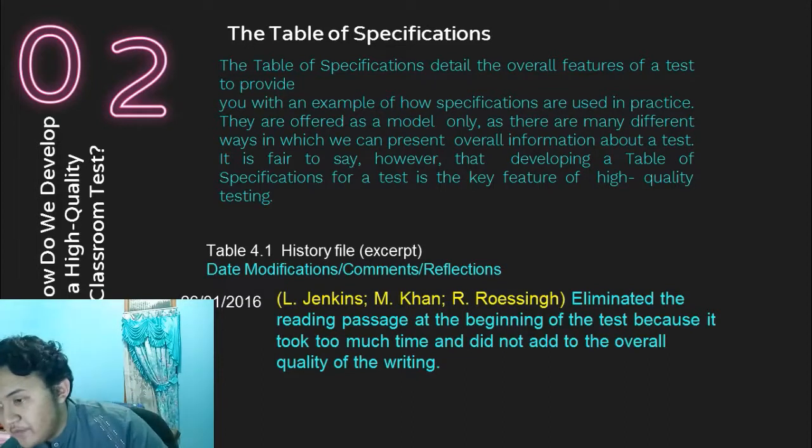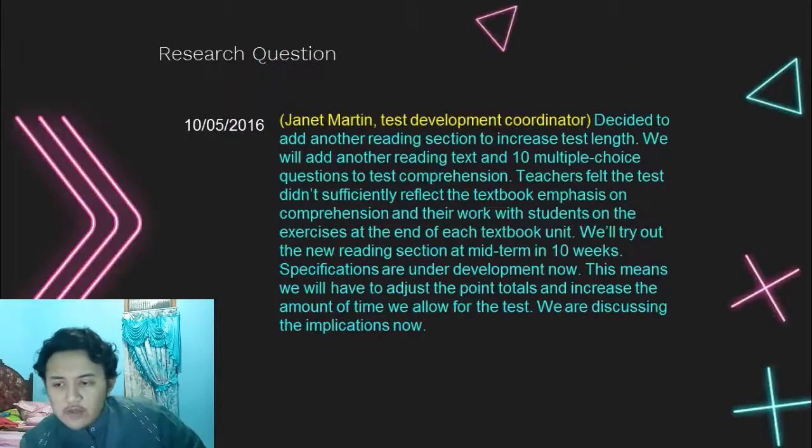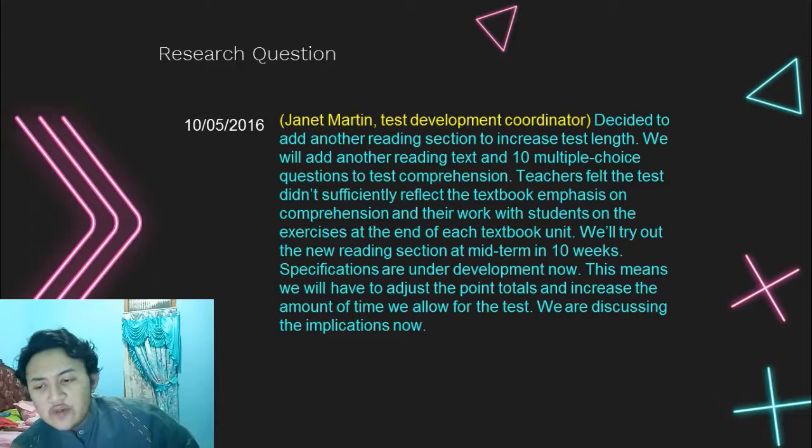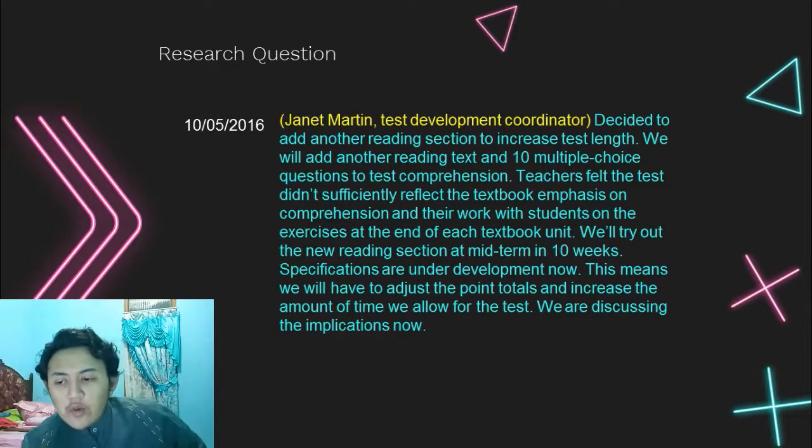The next one is from Janet Martin, Test Development Coordinator. Decided to add another reading section to increase test length. We will add another reading text and 10 multiple choice questions to test comprehension.